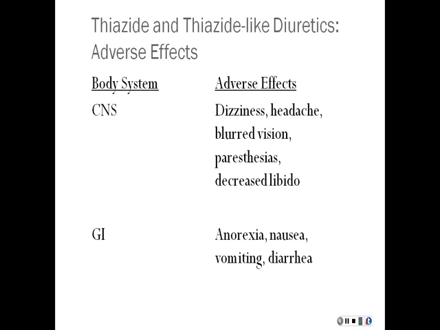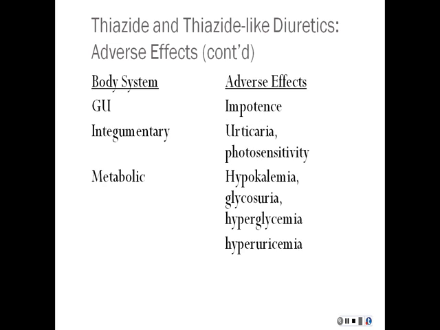Again, looking at the adverse effects of this medication on the different body systems. For the central nervous system: dizziness, headache, blurred vision, paresthesias, decreased libido. GI, here we go, nausea, vomiting, diarrhea, lack of appetite. And electrolyte imbalances throughout the systems, you're going to see resulting from that hypokalemia.